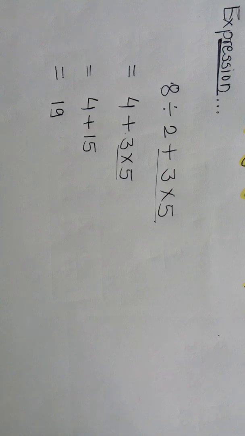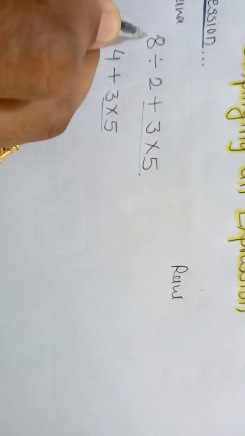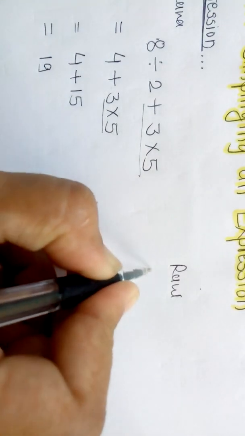But what some children do, suppose this is solved by Rachna, and what Rani will do is she will first divide these two numbers. I will write the expression here, divided by 2 plus 3 multiplied by 5.